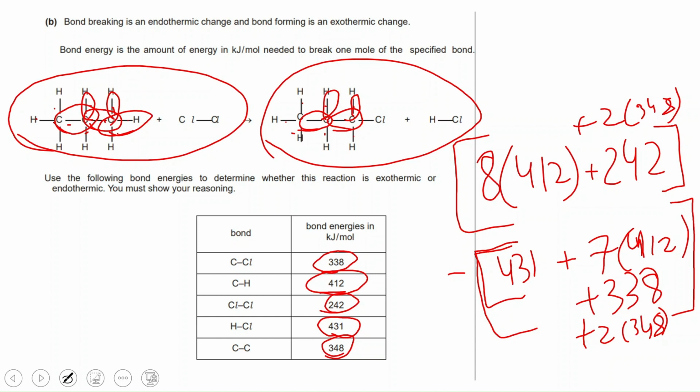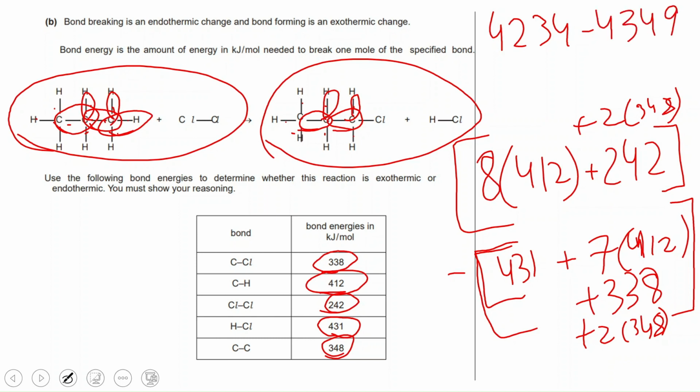So just put this in a calculator and simplify this. 8 into 412 plus 242 plus 2 into 348. That is going to be 4,234. So I'm just going to write on top of here 4234 minus 431 plus 7 into 412 plus 338 plus 2 into 348, which is going to be 4349.